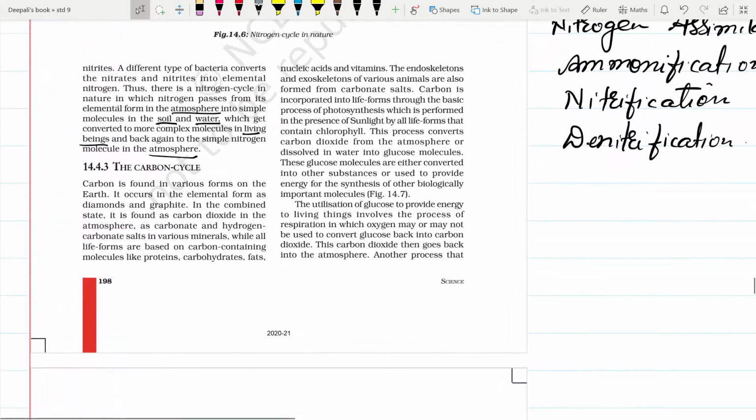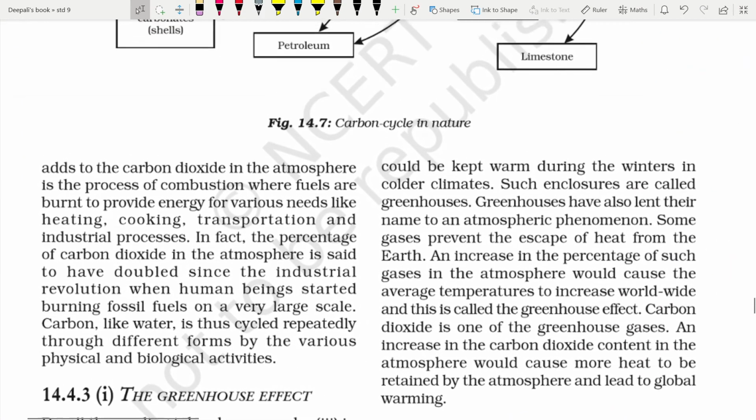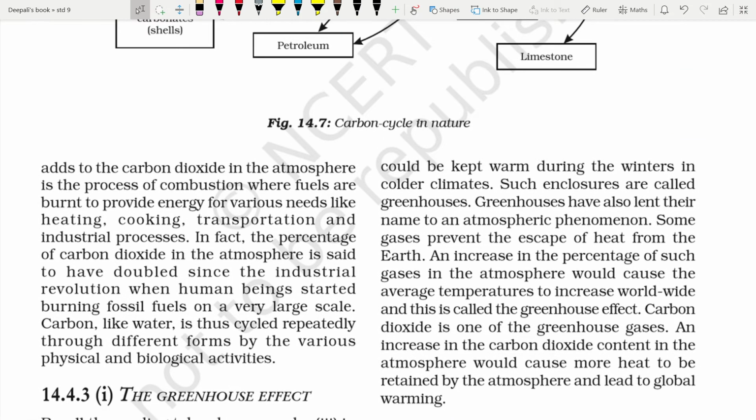Another process that adds to the carbon dioxide in the atmosphere is combustion, where fuels are burned to provide energy for various needs like heating, cooking, transportation, and industrial processes.